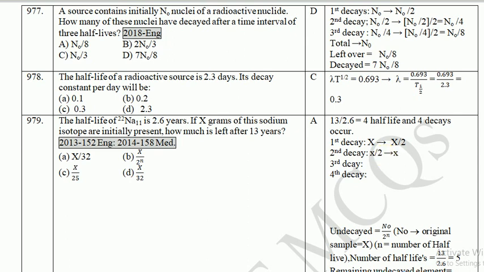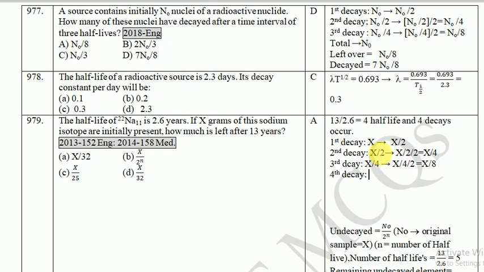So X by 2 divided by 2, 2 2s are 4, is X by 4. Now in the third decay, the X by 4 will be divided by 2 again, so it will become X by 8.